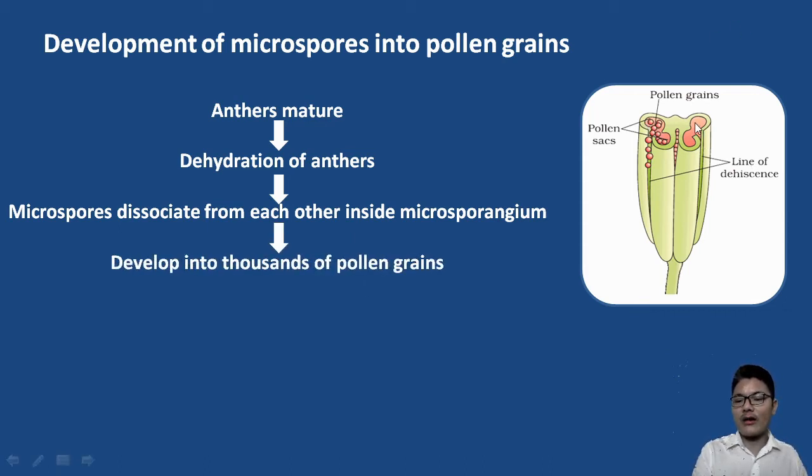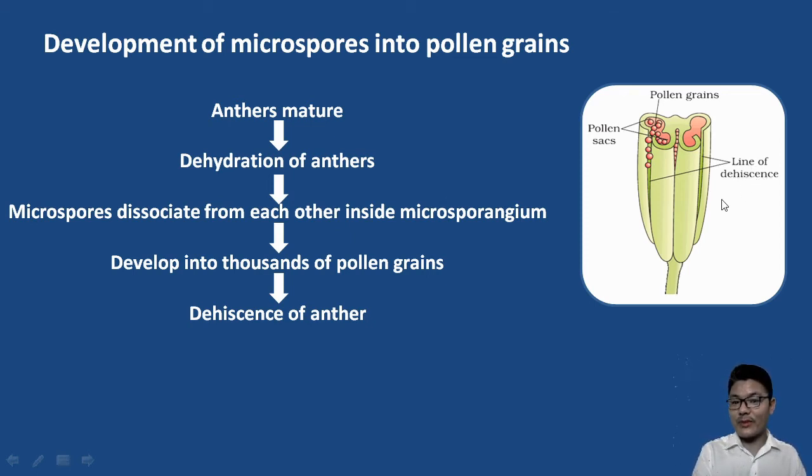So many thousands of pollen grains are developed within the anther, which will later be released by the breaking open of the anther through the longitudinal lines called longitudinal grooves, also called the line of dehiscence.